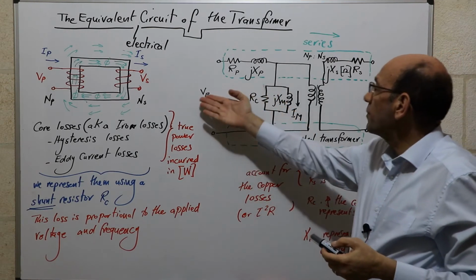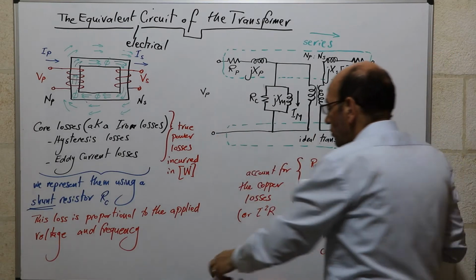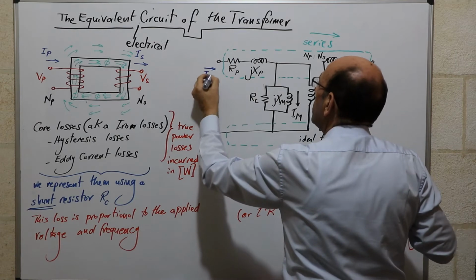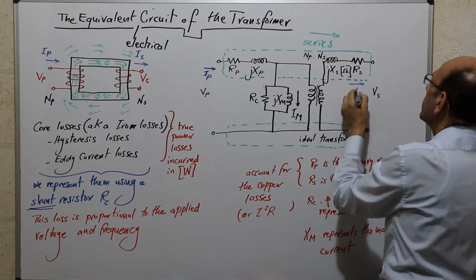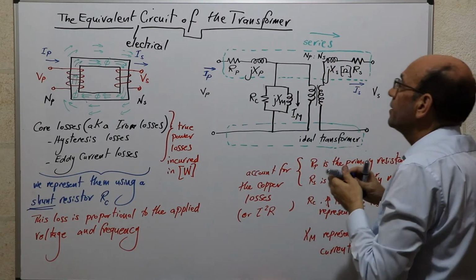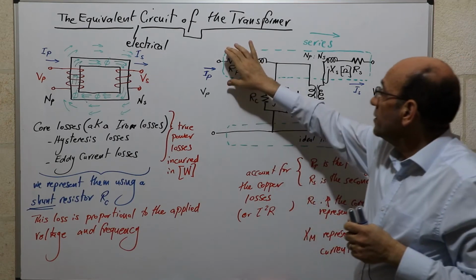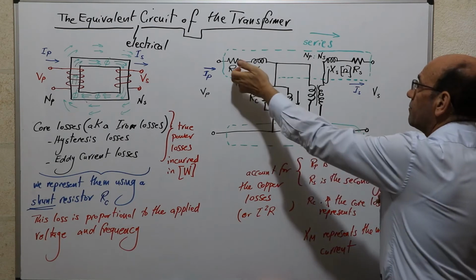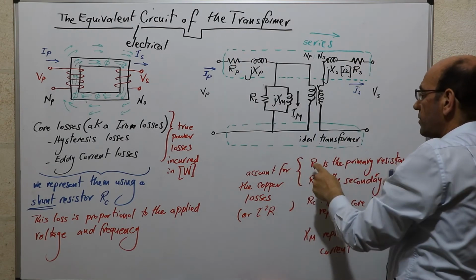So we have a primary voltage, a secondary voltage, and in fact we would have a primary current, IP, and a secondary current, IS here. We have a representation of the series components, and we said the series components would have the copper losses in the two resistors.